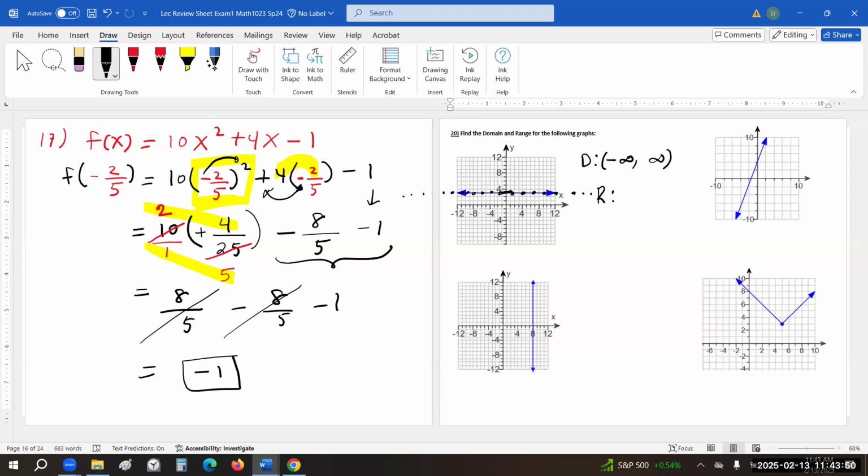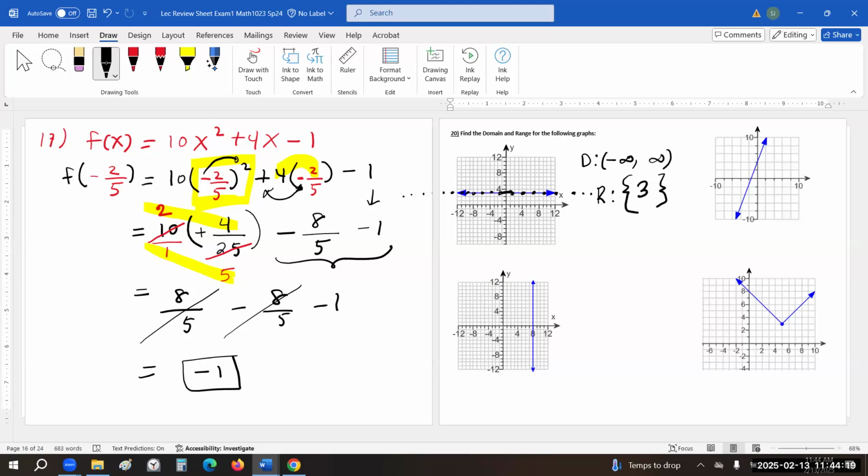So what is the only y value you see in your graph? So range has only one number, 3. It's only one y value. And since it's one number, we represent that with curly brackets. For an interval, we use parentheses and brackets, but for only one number, it's curly brackets.